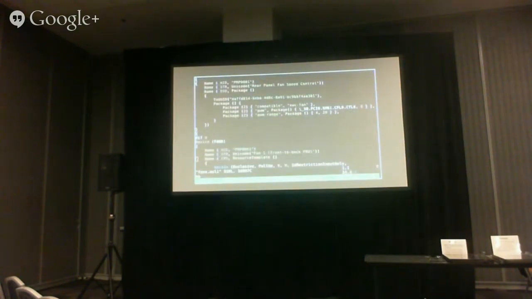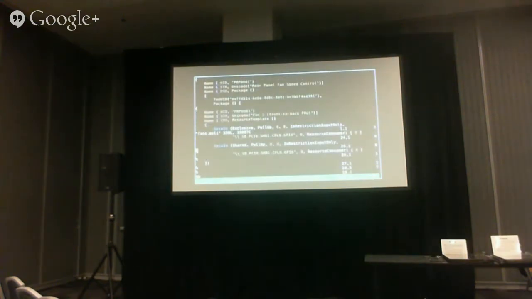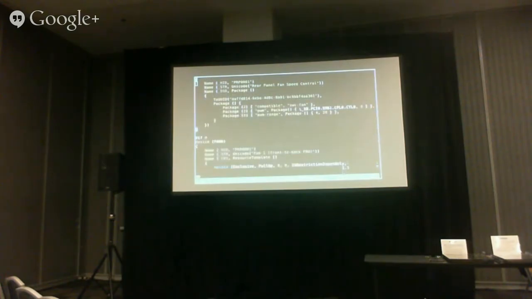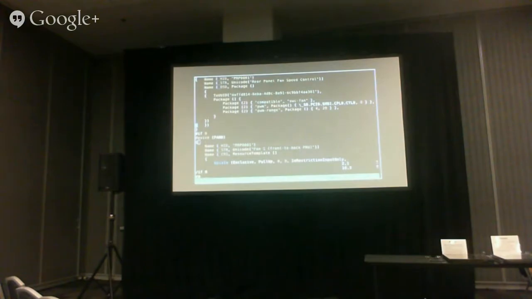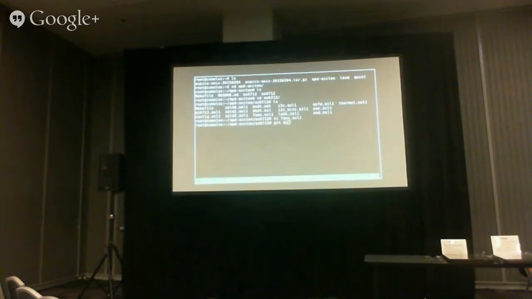Here's our fan description. There are 5 such fans. The word wrap isn't great, it's a tiny console. But I'm going to take this bit 0 and turn it to 1. Sort of do a git diff here.